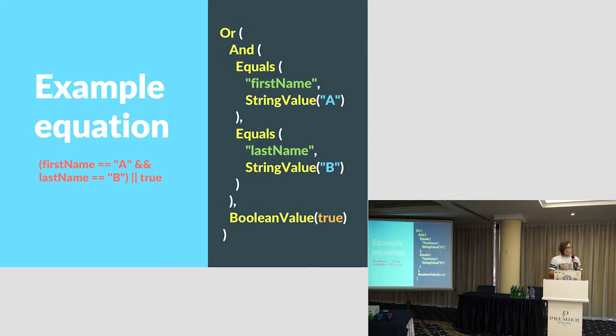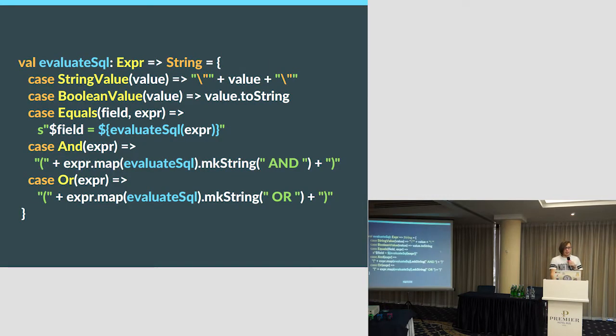In this not so complicated example, the evaluator will be something like a recursive function, where we will convert from expression to string. The string will be, in our case, some secure query. If we're talking about value classes, it's just converting our real value to a string.